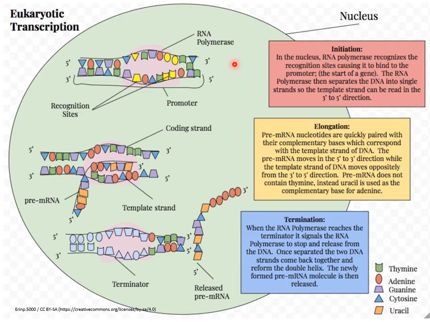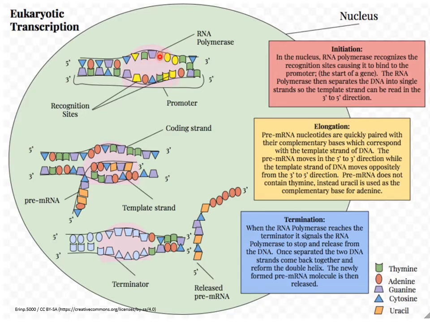In the case of transcription, it begins with initiation, where if you stimulate a gene to be transcribed, the DNA where the gene is located, the two strands will separate.